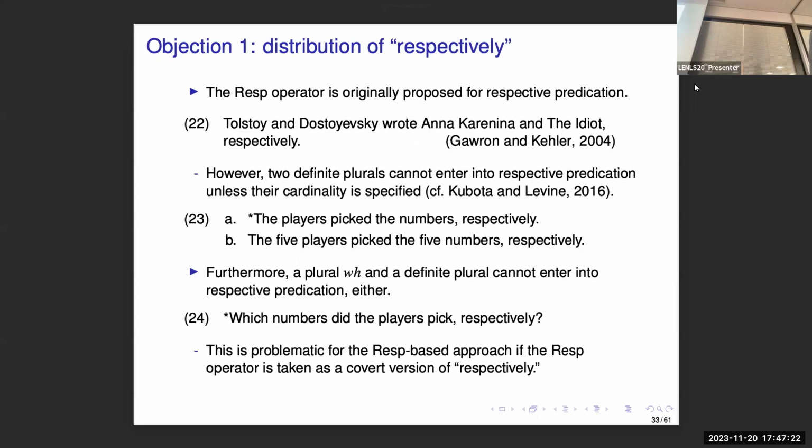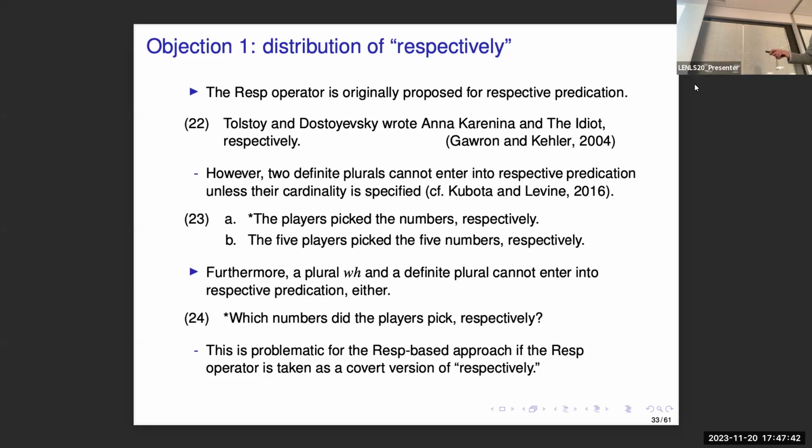And that can't be the case because originally the RESP operator is proposed for things like Tolstoy and Dostoevsky wrote Anna Karenina and The Idiot respectively. The RESP operator is supposed to be responsible for this kind of predication.